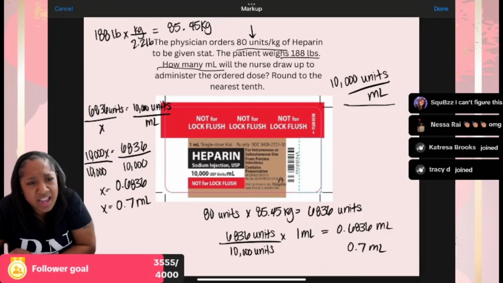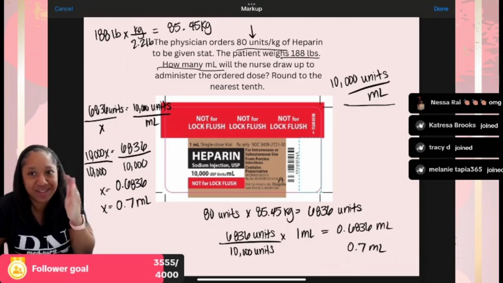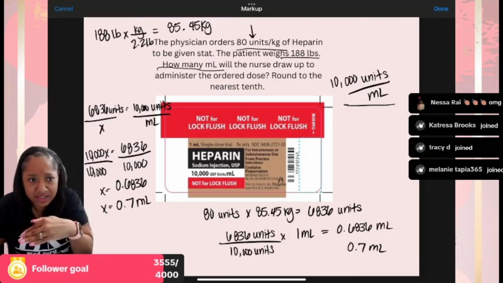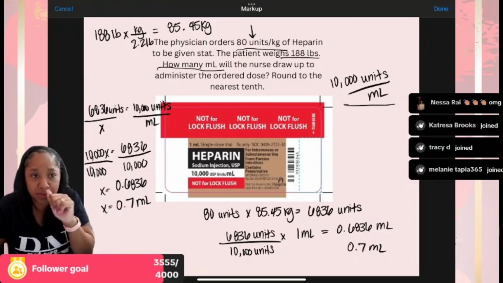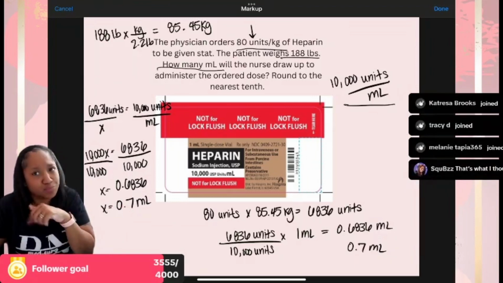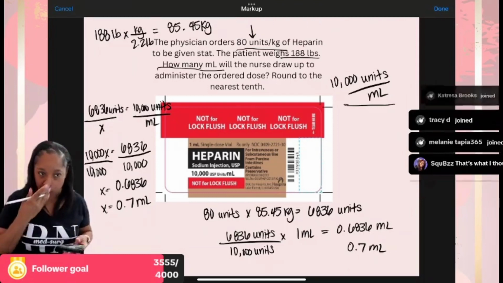Square biz, you can't have that because you got milligrams and units. That's not compatible. Something ain't right somewhere, because you have to have either milligrams per milliliters or units. Like, is it supposed to be units or is it supposed to be milligrams? Because I was like, hold on, whoa. Wait a minute.